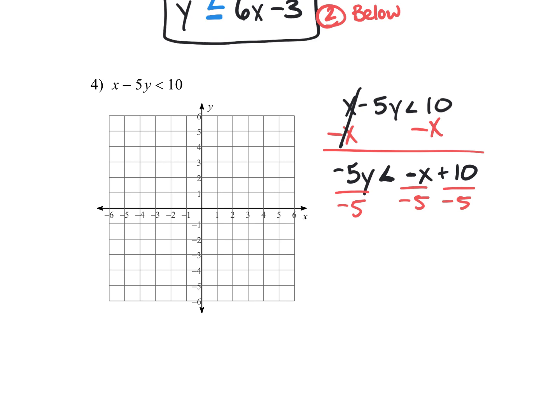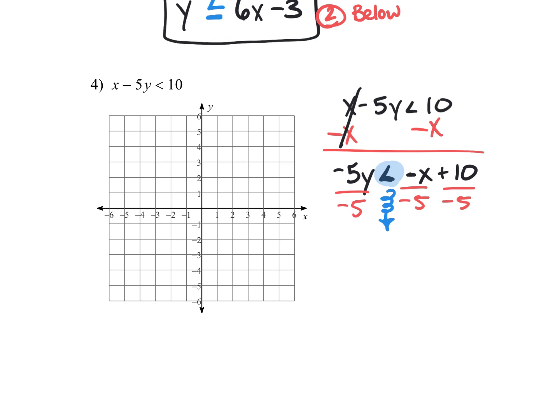Now, what happened? What did we divide by? Negative 5. What do you have to do when you divide by a negative? We just did it. What did we have to do to our sign? You've got to flip it.